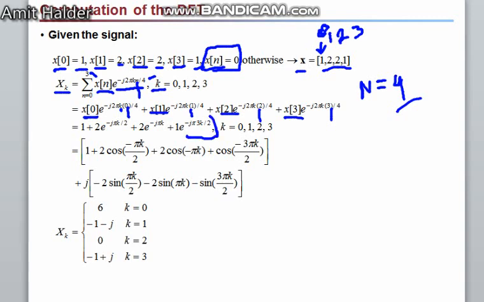That is the basic equation. You have to find X[k] first, then you can find each and every point for 0 1 2 3. That is the basic point. So just replace the values: x[0] is 1, x[1] is 2, x[2] is 2, x[3] is 1. And the e to the power minus j value has been sorted out. You can see the calculation here, each line has been calculated.